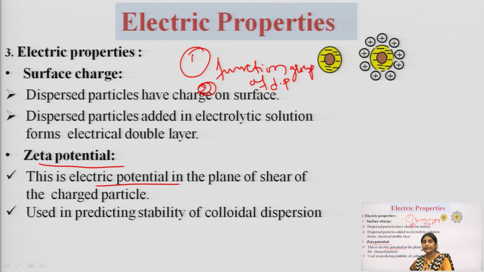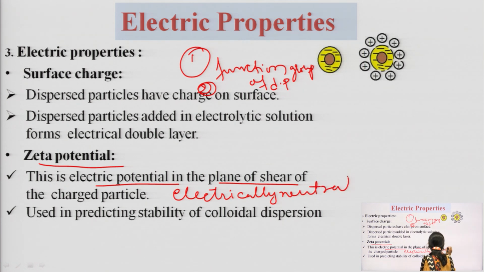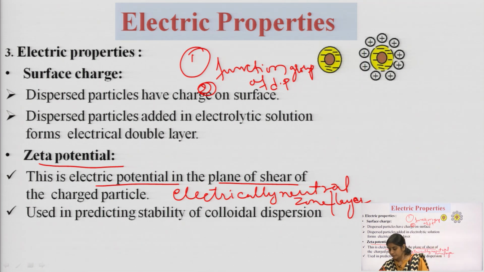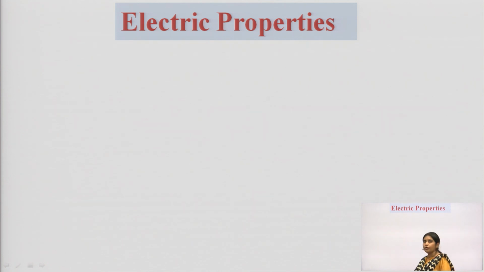It gives us the potential difference which exists between your plane of shear and the electrically neutral zone or neutral layer. Okay. And to understand this, we can take an example.